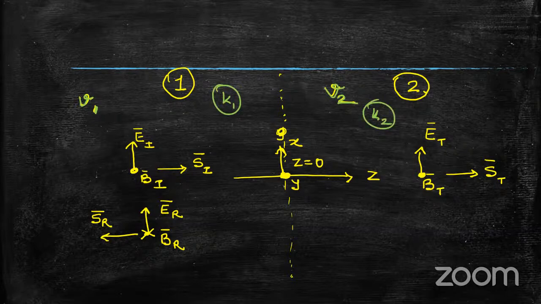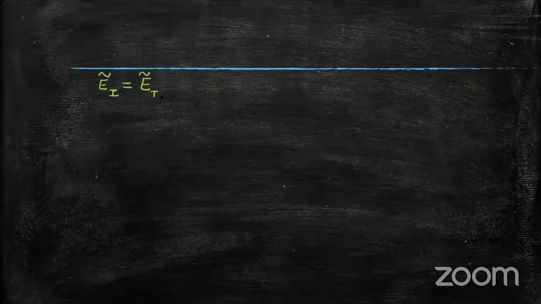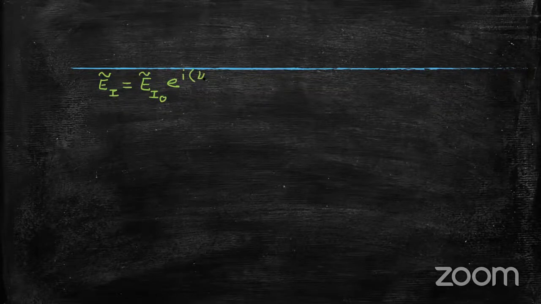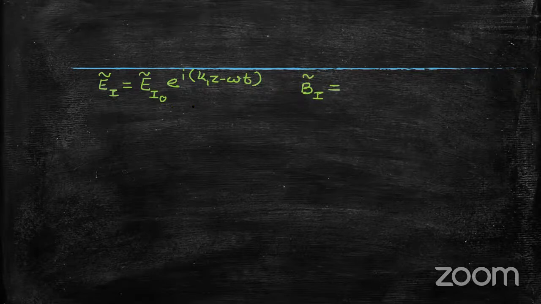So let's write equations for this. Let's write first for the incident wave. So you got EI is EI0 e raised to i(K1 z minus omega t), and BI is, now we can relate EI and BI, so we don't have to write BI0.